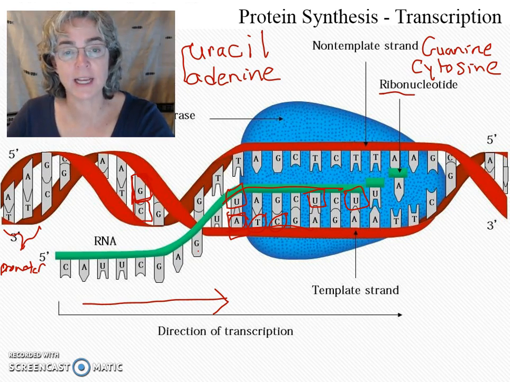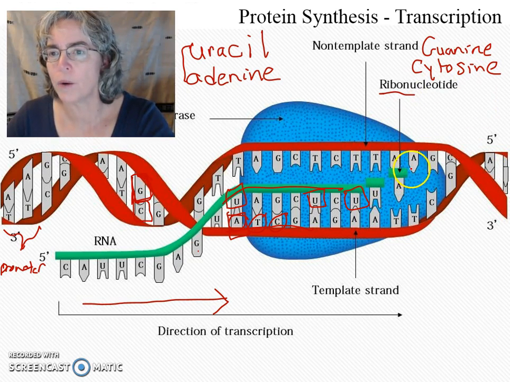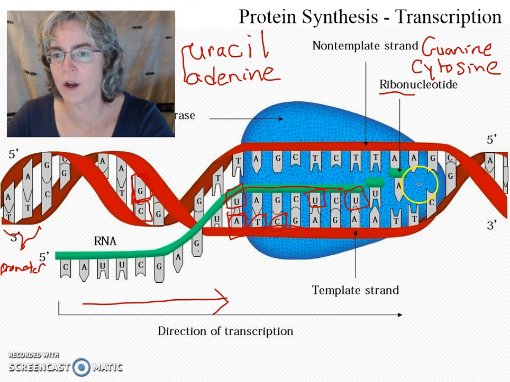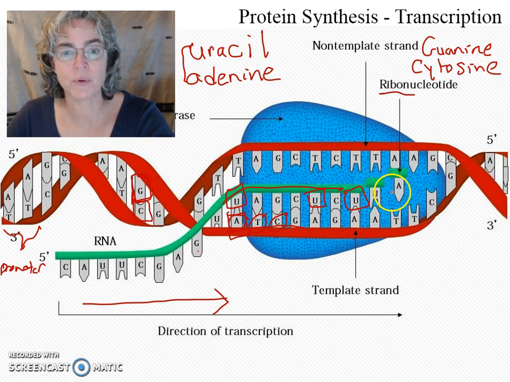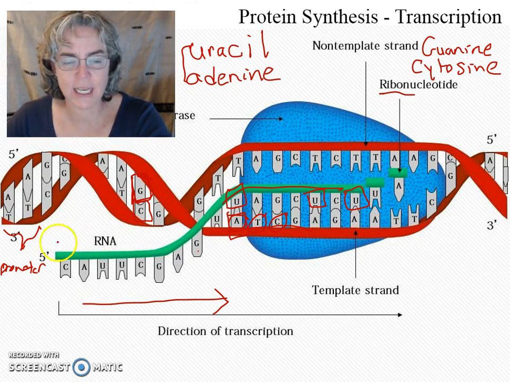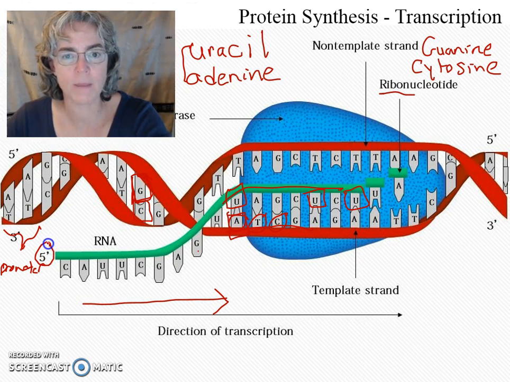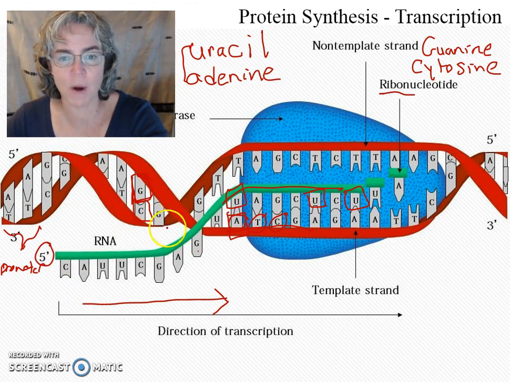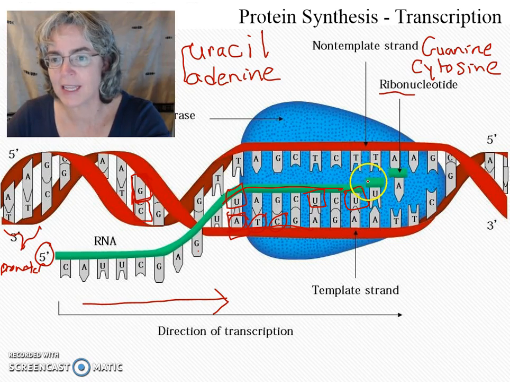And again, just like in DNA, our ribonucleotides are added to the 3' end. You can see that right here. We've got the 5' end of our RNA molecule here, and at this tip over here, this is going to be our 3' end.